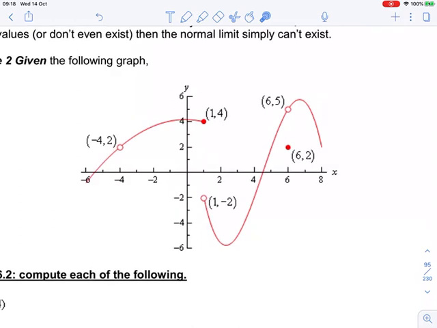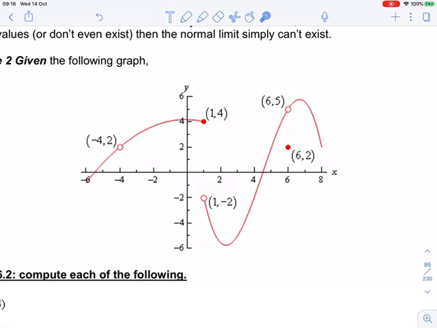If we look at this function that is graphed here, first of all, let's look at -4. We clearly see that f of -4 is undefined. Be careful not to say it's 2, because there's a hole in the graph, meaning it doesn't exist there. So, if we come from the negative side towards -4, on the graph we're approaching -4, we can clearly see that our y is approaching 2, meaning the left limit will be 2.